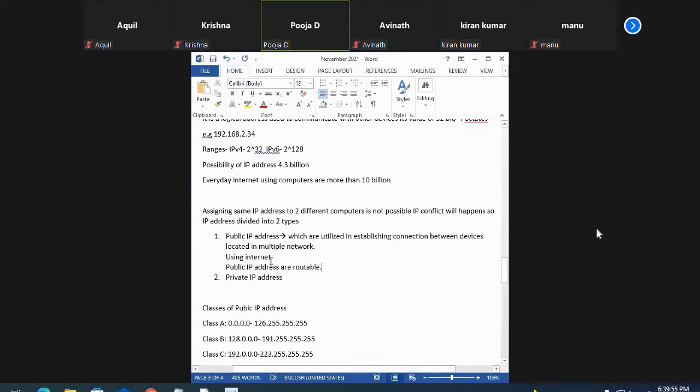That will be carried by your public IP address. So public IP addresses are routable through the public network, or you can say over the internet.